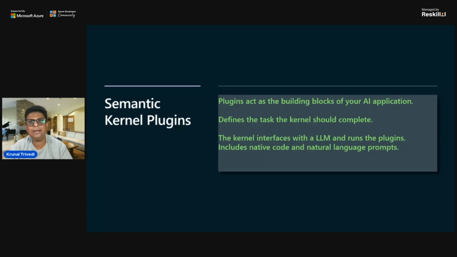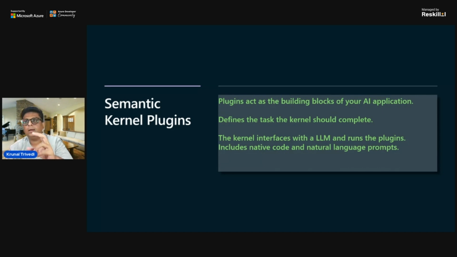So you can say, take this input and prepare the itinerary, or take this input and convert it to French, or take this email and summarize the email. So summarization is a task that you are going to achieve using this plugin.